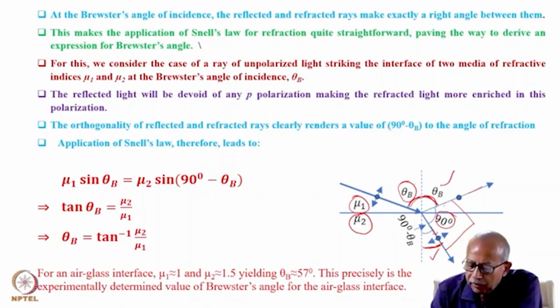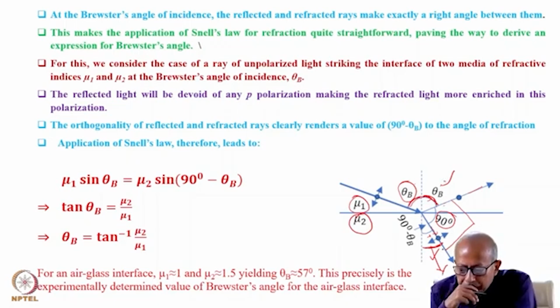So this total angle is 180 degree. So if this is 90 degree, this plus this would be 90 degree. So if this is theta b, this angle is 90 degree minus theta b. So that to add them up, it becomes 90 degree. So basically then angle of incidence is theta b and angle of refraction is 90 degree minus theta b.